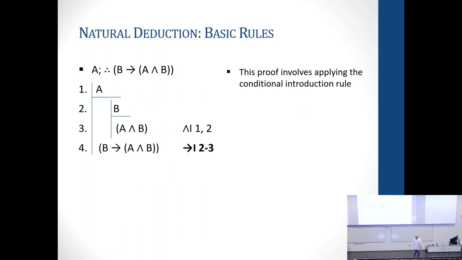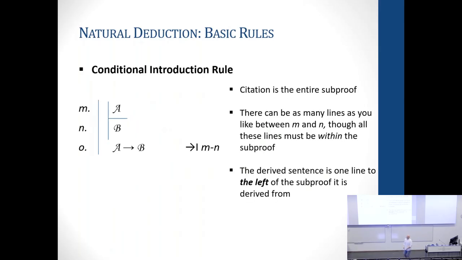So generically, conditional introduction says you can introduce conditional A, B, if and only if there's a subproof that starts with A as your additional assumption and ends in B. That's just a really long-winded way to say if there's a subproof that starts with A and ends in B.